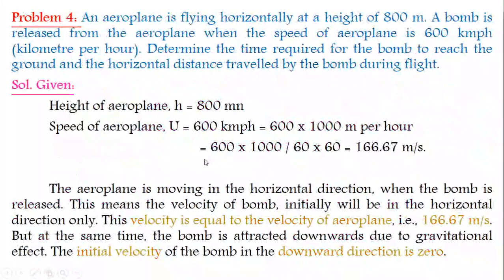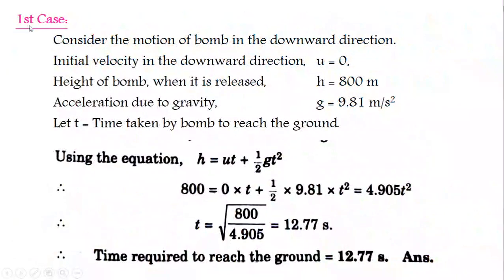Let's see the first case. Consider the motion of the bomb in the downward direction. The initial velocity in the downward direction is u equal to 0. The bomb is moving downward, so g is plus.